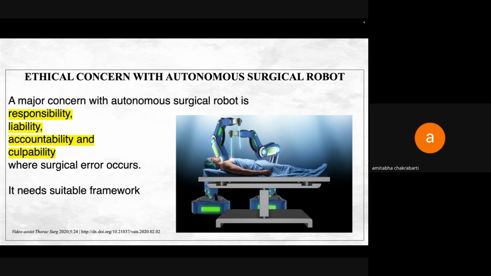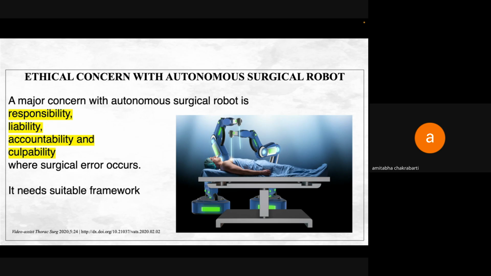Now, this is very important. That is a major concern with autonomous surgical robotics: the responsibility, liability, accountability, and culpability. All of these appear to sound similar, and sometimes we understand responsibility, liability, accountability as all the same.